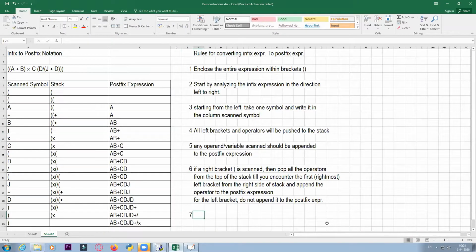So this next rule says, if an operator is encountered, this is a very important rule, then check.